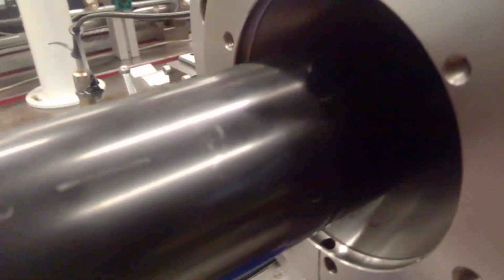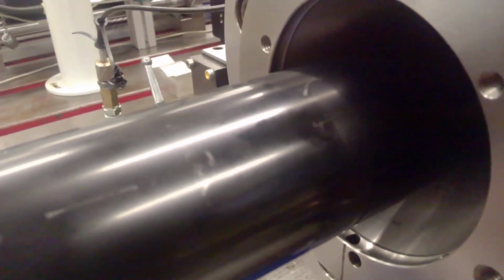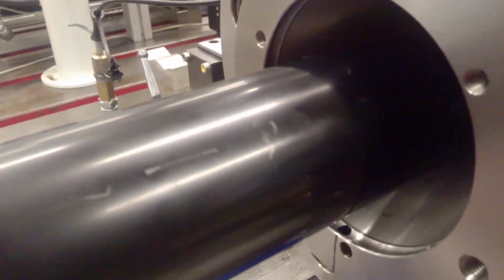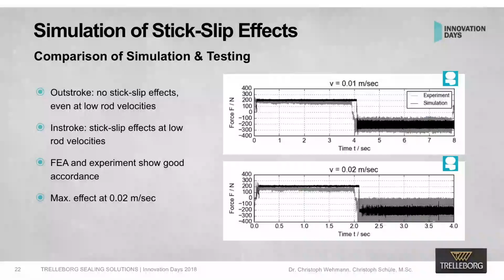You hear now stick-slip, no stick-slip. Stick-slip, no stick-slip. So it's the same as we saw in the simulation result. When the rod is going inwards, we have stick-slip. When it's going outwards, no stick-slip. So that already made me really happy, that we had this general accordance to the simulation.